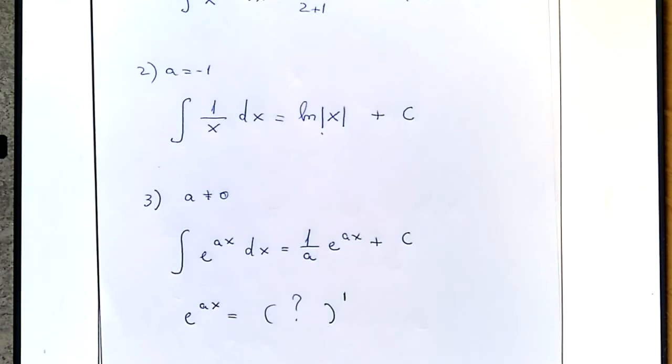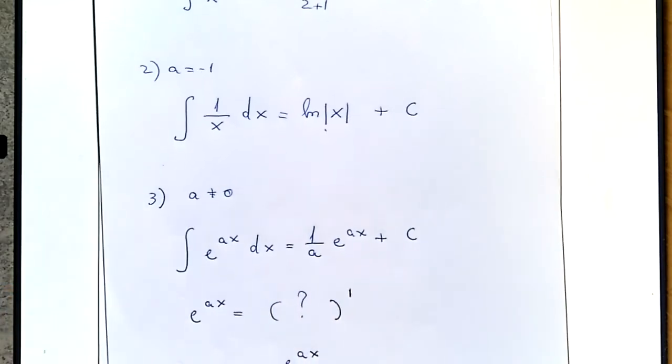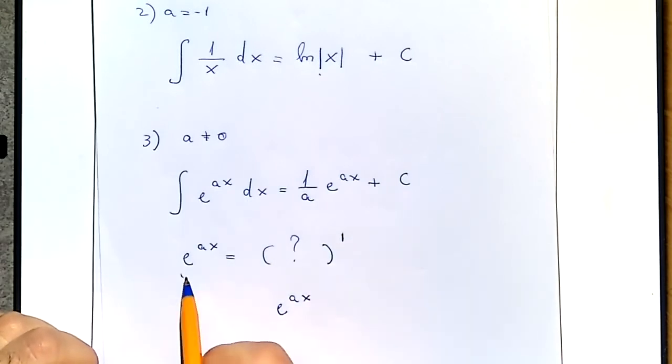So 100% inside the parentheses you have to have an e^(ax). You might even get a cheat sheet on the exam, but do not quote me on that. It's still important to know how to get your own formulas and understand where they come from. Nobody's going to ask you to prove them, but at least at a conceptual level, know how to compute them. So again, exponents never go away through derivation.